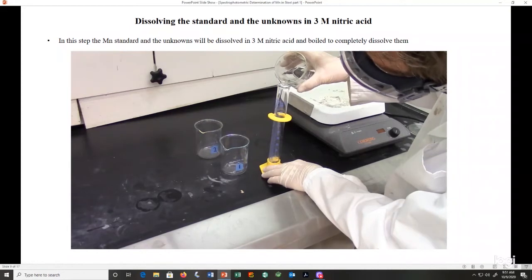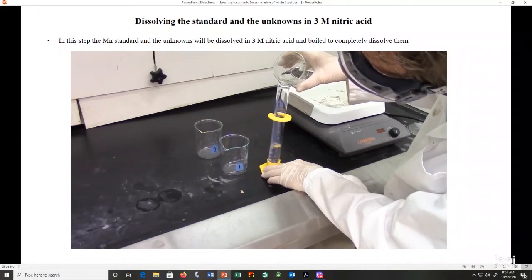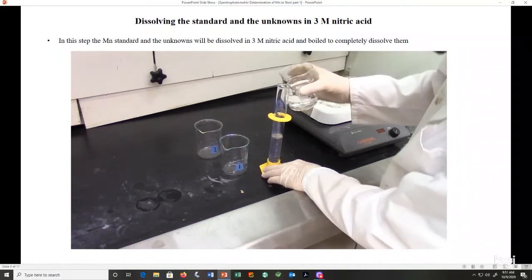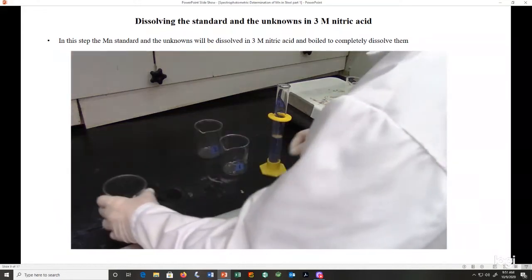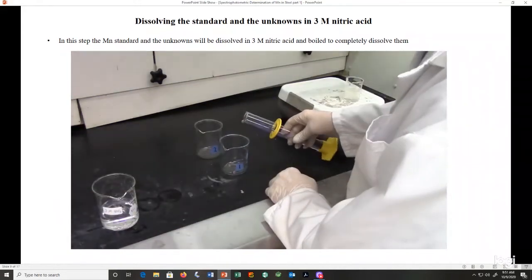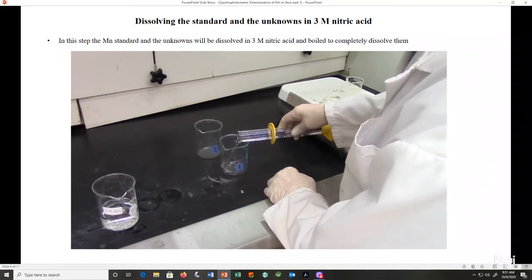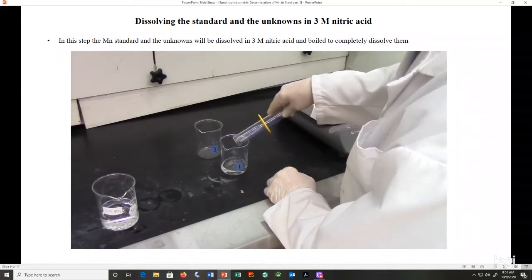By the way, these are two separate steps in the lab manual, but it's just more convenient if we combine these two steps in a sense and start heating all three of our samples at the same time.